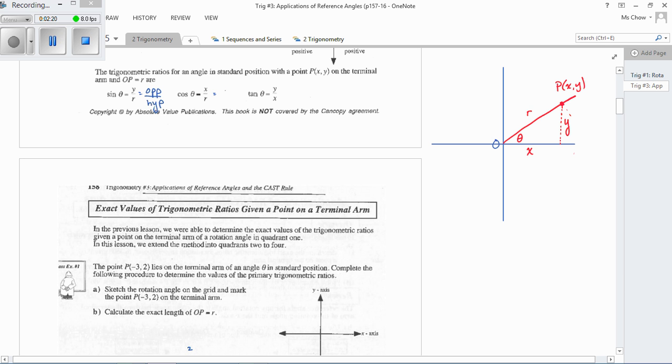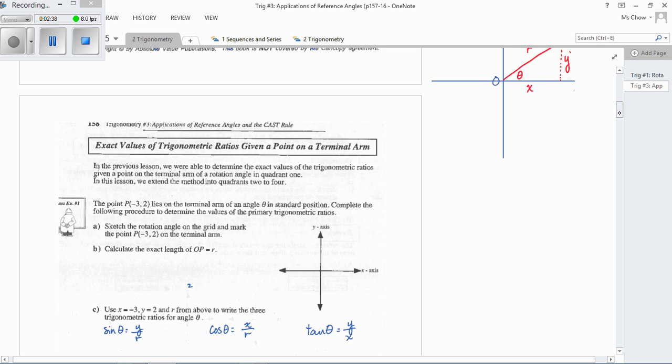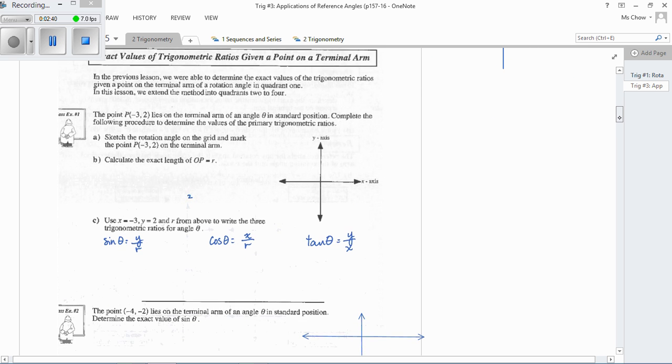Cosine of theta is equal to the adjacent over the hypotenuse, which is why we're looking at x over r, and tangent of theta is equal to opposite over adjacent, or y over x. So let's take a look at that first class example on the next page.